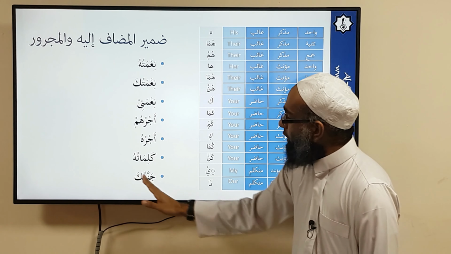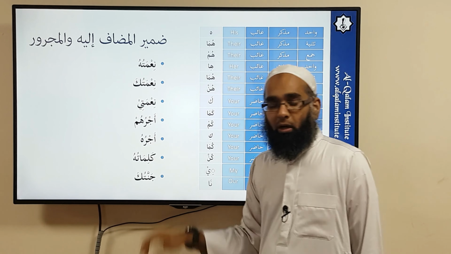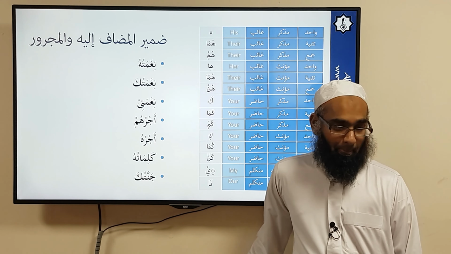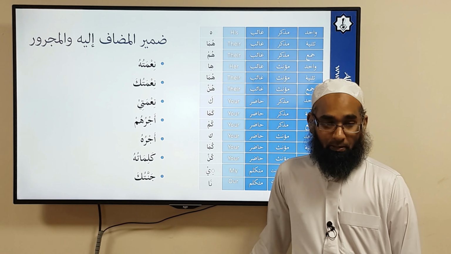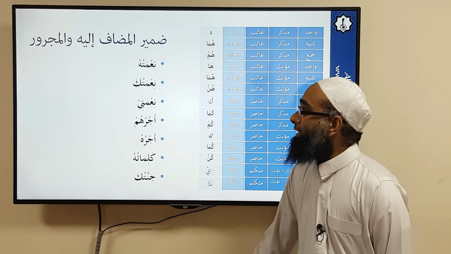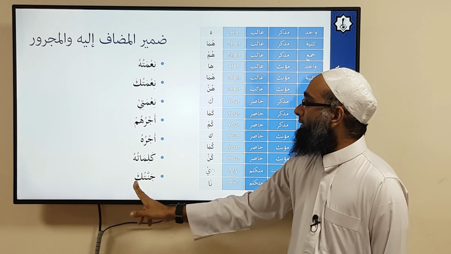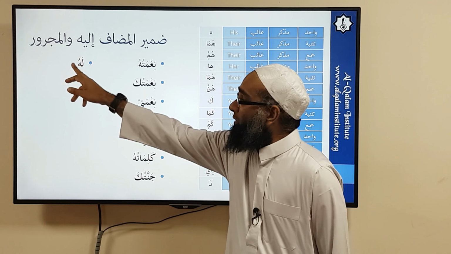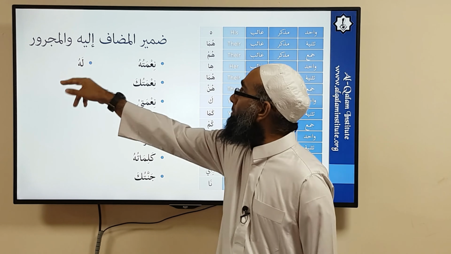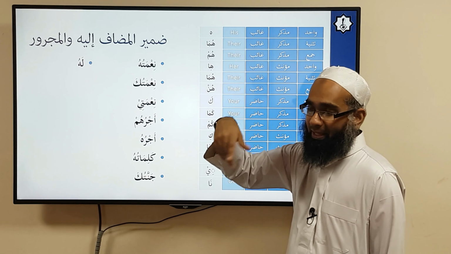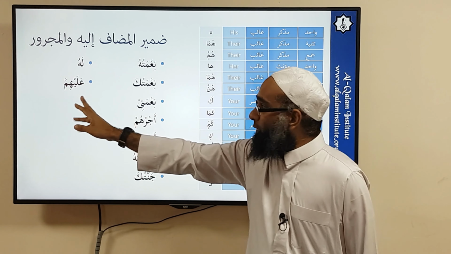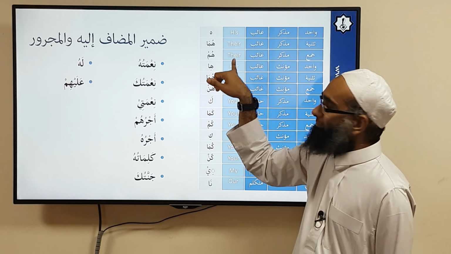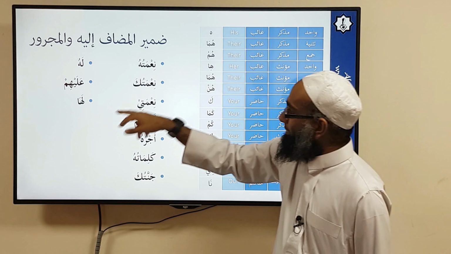So all of these, when joined to a noun, make it a mudaf ilayh. So this pronoun is becoming the mudaf ilayh. Now here we have the harf jar with it. La means for. So lahu means not for his but for him. Ala means on. So alayhim, on them.